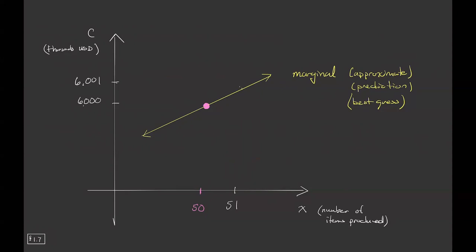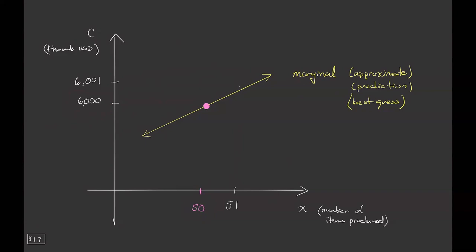Now, suppose you know two things. You know that when you're producing 50 units, the cost is going to be 6,000 or 6 million. Then you have some other information, namely, you know the marginal cost, let's say. And again, when you think marginal, or at least what I think, is predictive.